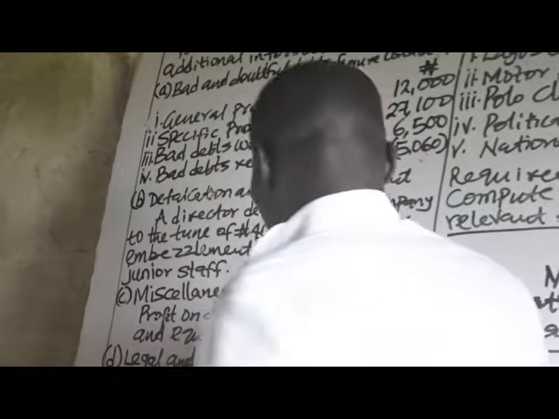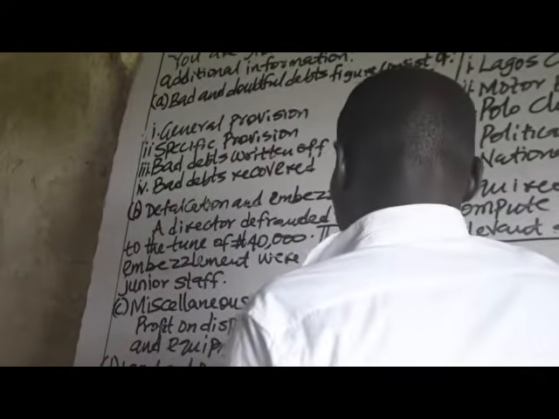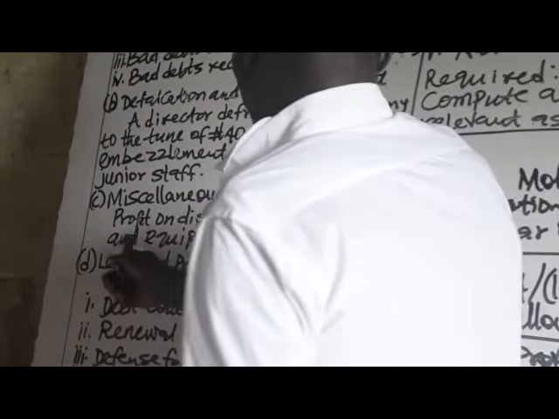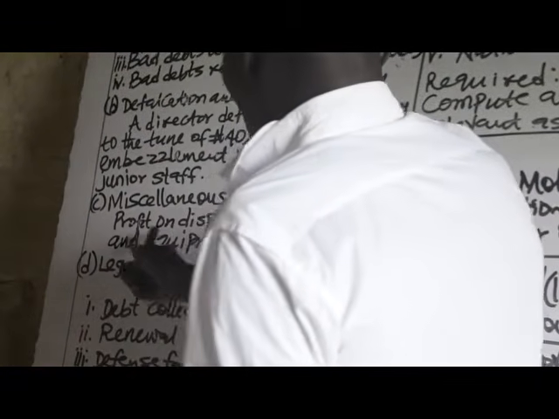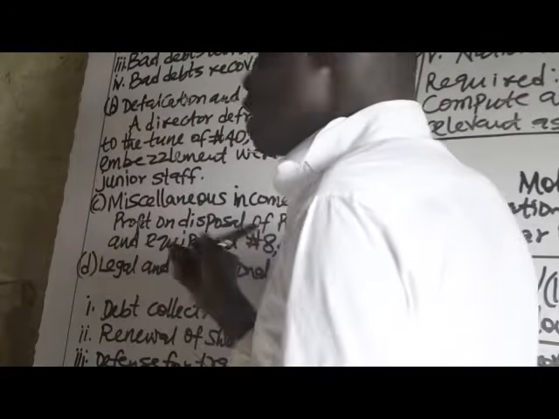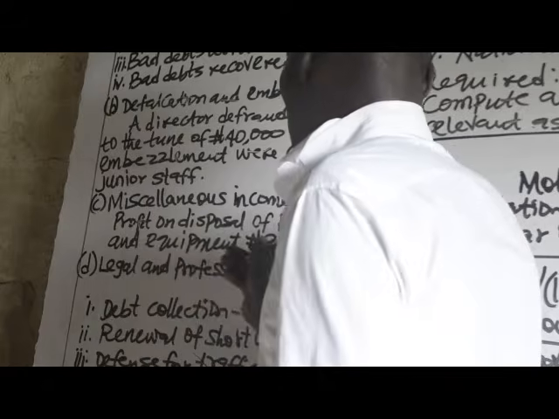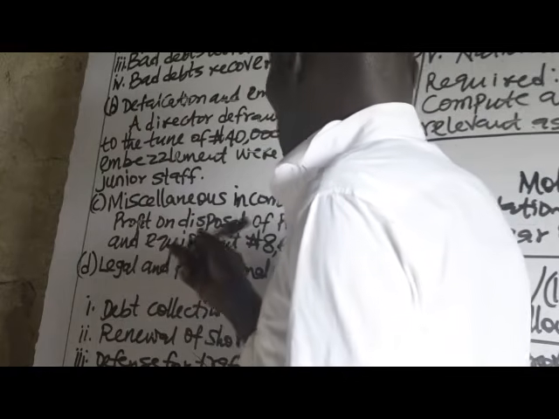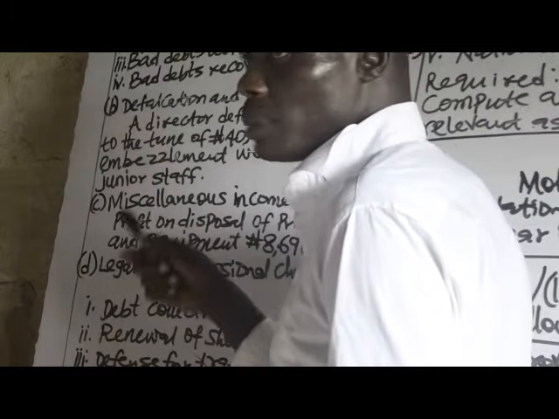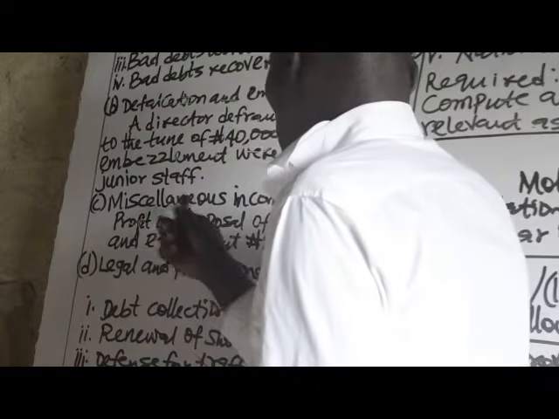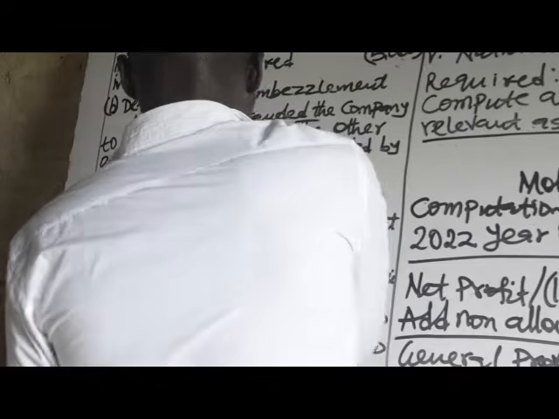Now C. Miscellaneous income includes profit on disposal of property, plant and equipment. When I was considering the non-taxable income, I made mention of profit on disposal of property, plant and equipment. I said it's not taxable. That is the non-taxable income which has been included. If you check your income statement, you will see miscellaneous income there. Let's check.